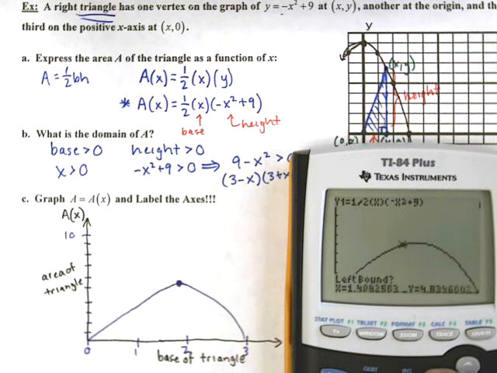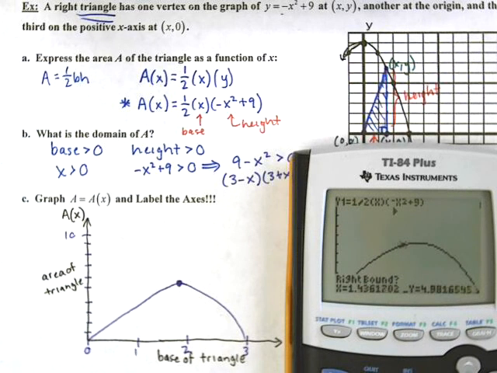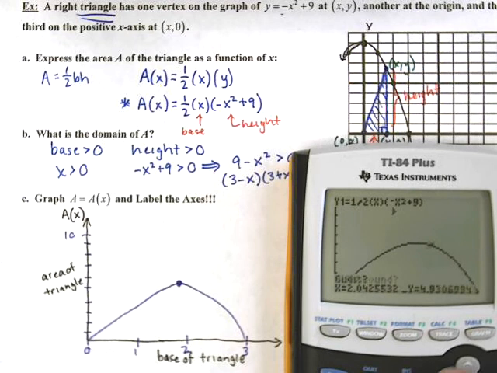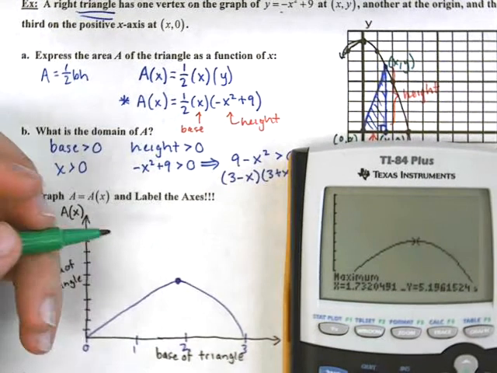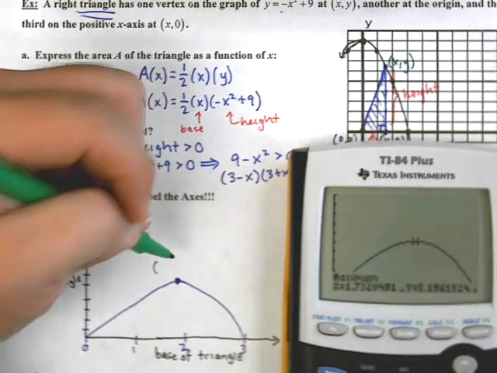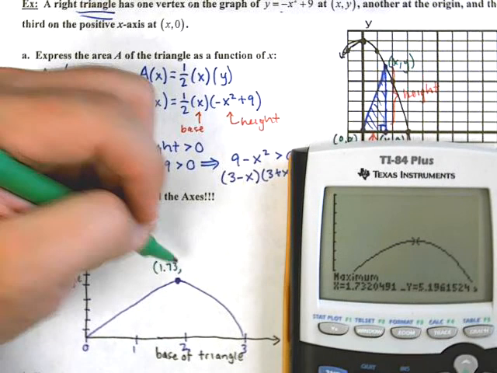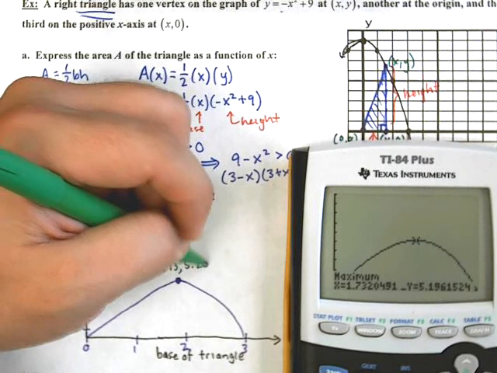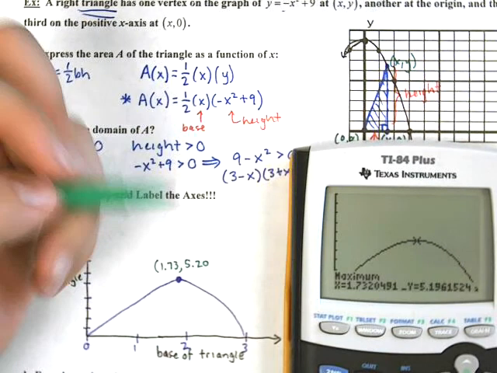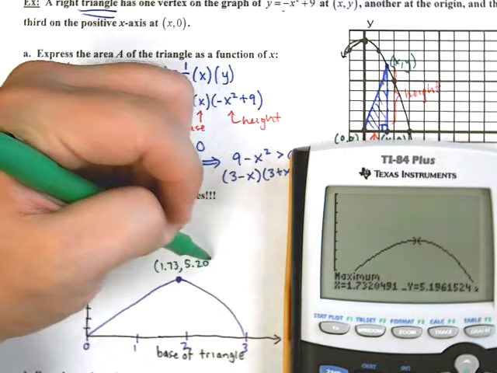I go to the left, I go to the right, and I guess, okay, cool. Gets me my point. Please remember to round, so 1.73 and 5.20. We round 0.196 up to 0.20.